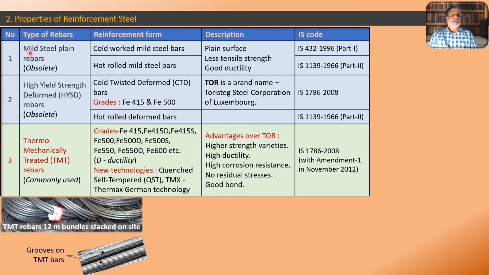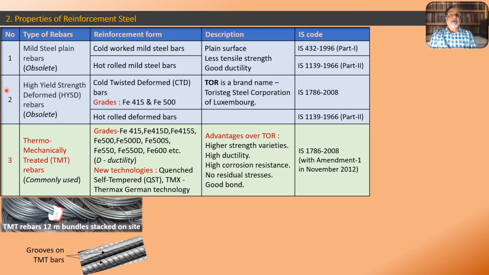First is mild steel plain rebars, second is high yield strength deformed HYSD rebars, and third is thermomechanically treated, that is TMT rebars. Just having a glance at this column tells us that the first and second are now obsolete.